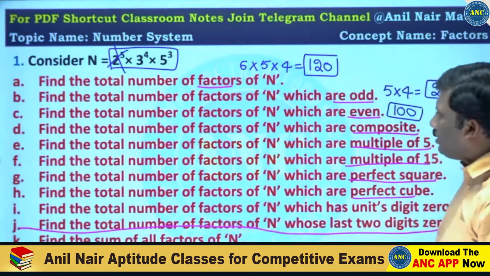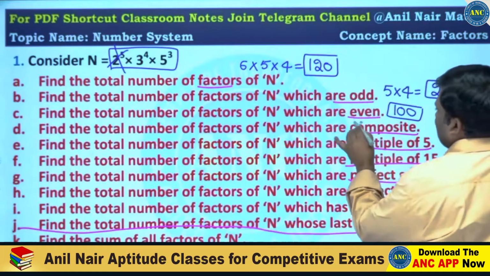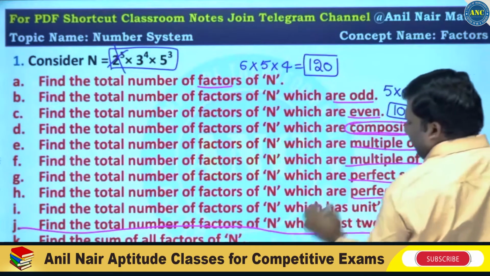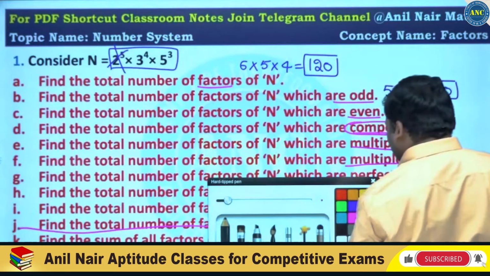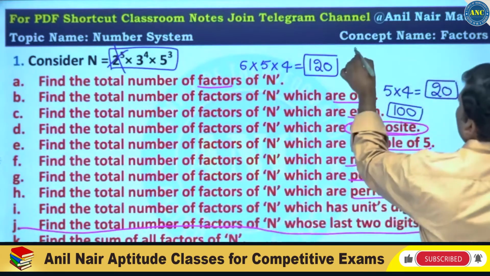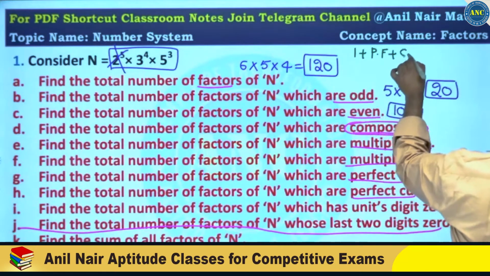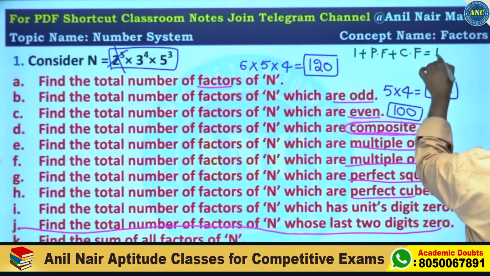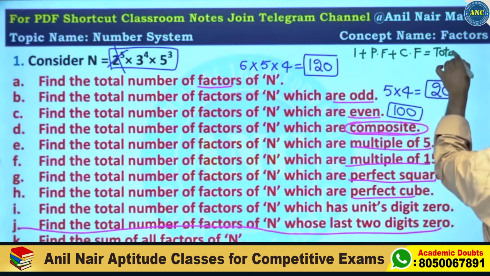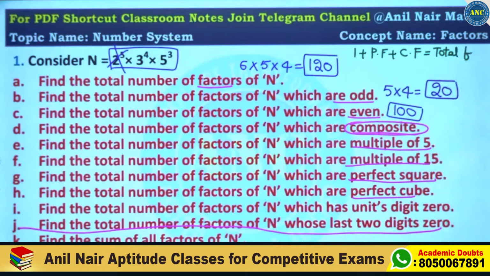The fourth one is, find the total factors which are composite. 1 plus prime factors plus composite factors is equivalent to total factors.